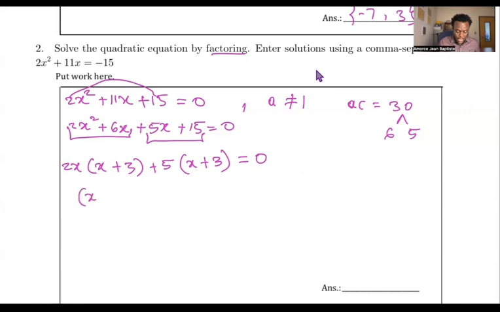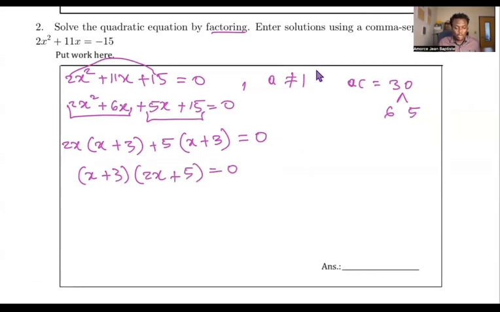Now, x plus 3 can be factored out to get x plus 3 times the two factors of x plus 3 that we had in the previous expression. So 2x plus 5 equals 0. Now we can use the zero product principle, that is x plus 3 equals 0 or 2x plus 5 equals 0.